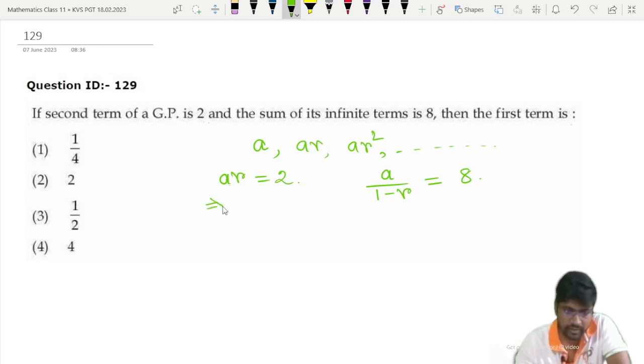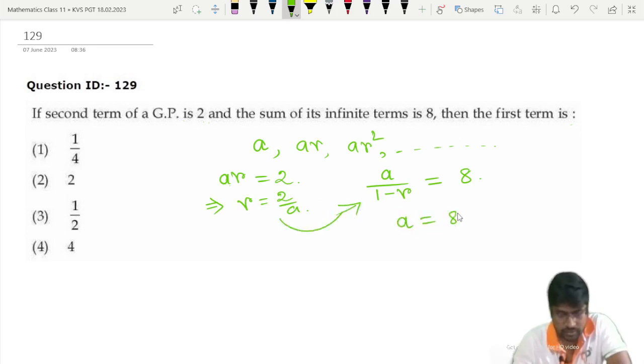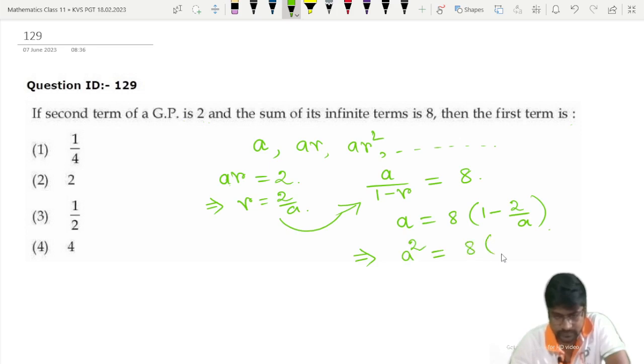From here, what are we getting? r is equal to 2 by a. Just put this value in this equation. So a is equal to 8 into 1 minus r, so 1 minus 2 by a. From here we will get a square is equal to 8 into a minus 2.